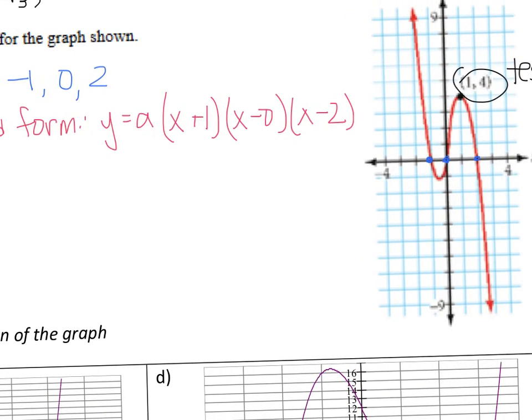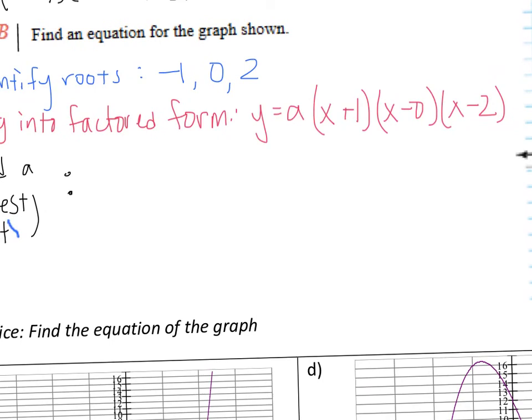So we are plugging 4 in for y and 1 in for x. So 4 equals a times 1 plus 1, 1 minus 0, and 1 minus 2. Okay.